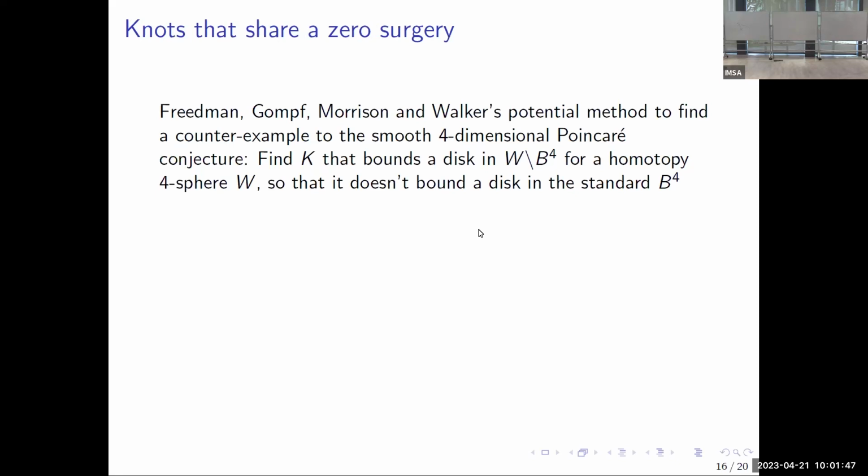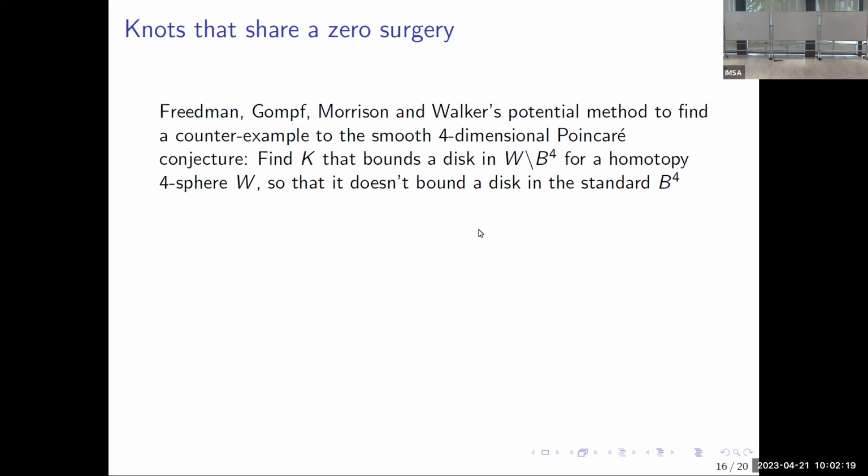The method is essentially to find a knot K that bounds a disk in some homotopy four-sphere without a ball, in such a way that it doesn't bound a disk in the standard B4, because that would prove that your homotopy four-sphere is not the standard four-sphere. So this is their method to try to find a counterexample to the smooth four-dimensional Poincare conjecture.